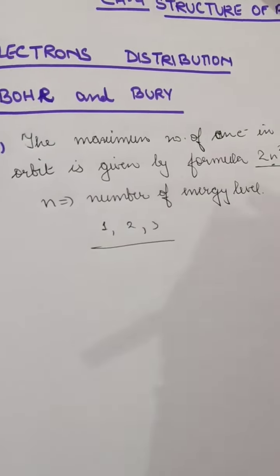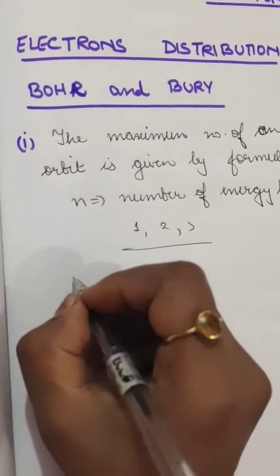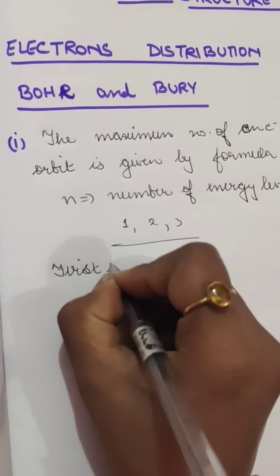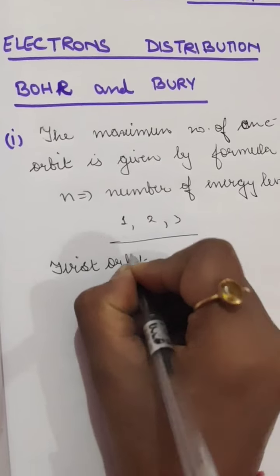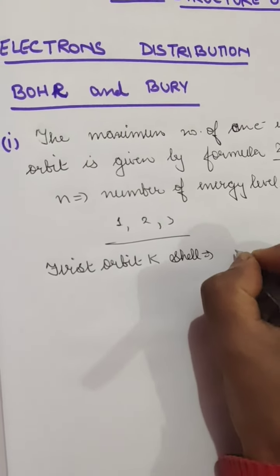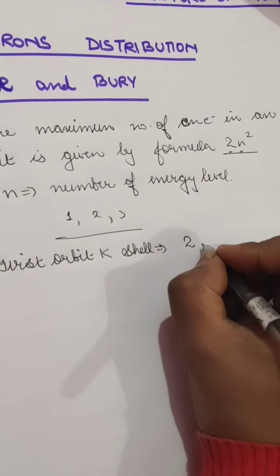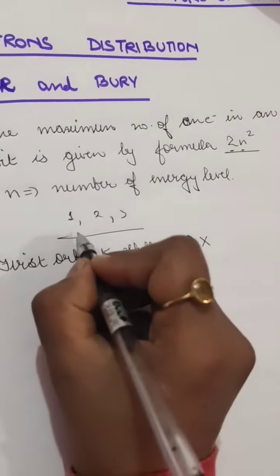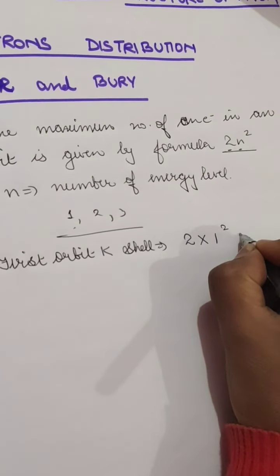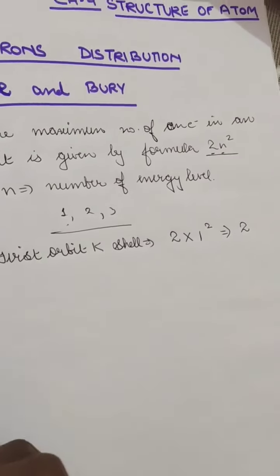So the maximum number of electrons in the different shells are as follows. For the first orbit, which is the K shell, it will be 2 into 1 square, because n is 1, so the number of electrons in the first shell will be only 2.